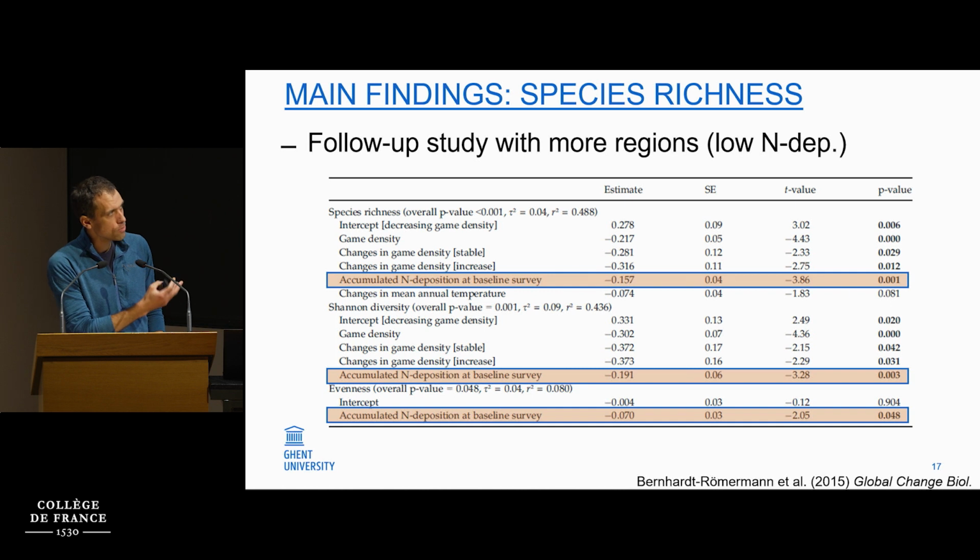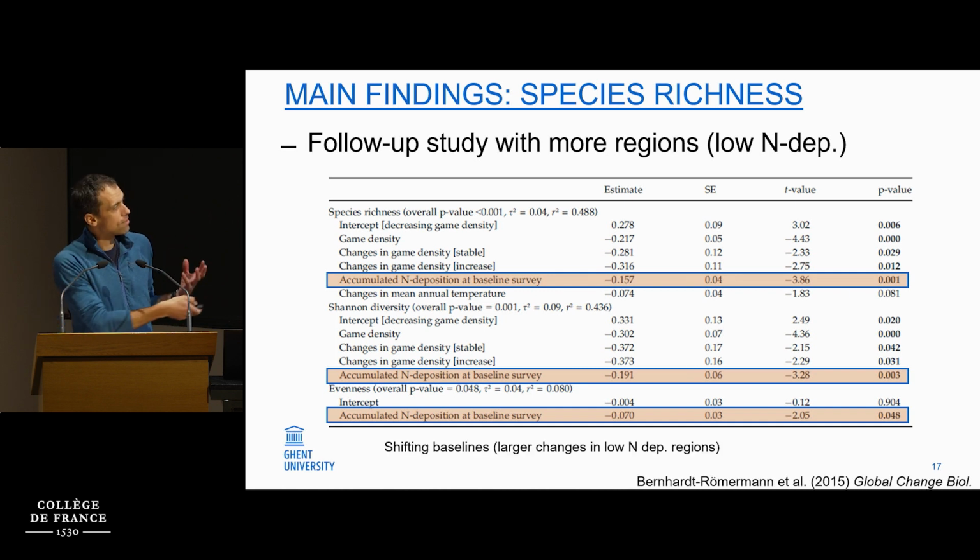And as expected, we then found a signal of nitrogen deposition because, of course, this is what I plotted here, the shifting baselines. So if the baseline survey is coming from a region with very low or very high nitrogen deposition already present at the baseline survey, then of course it's logical that the shift that you find after that point in time is quite low.